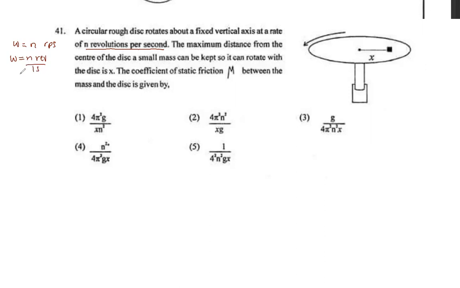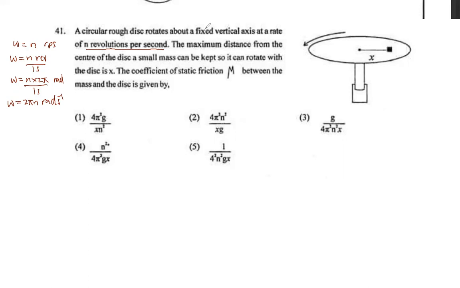So how do you convert revolutions to radians, people? You multiply that by 2 pi. Each revolution is multiplied by 2 pi. So radians per 1 second. Therefore, omega is equal to 2 pi n radians per second in SI unit. That is the angular velocity. It's per second, not per minute.